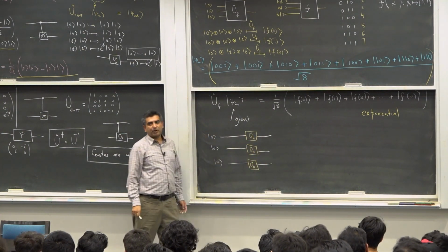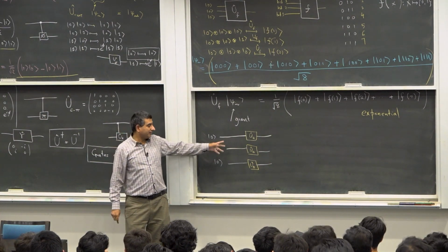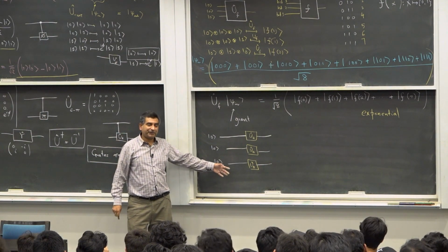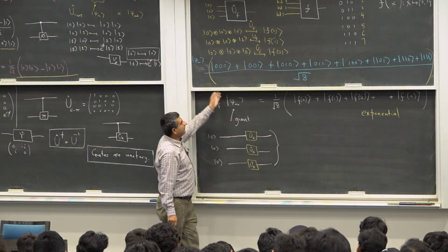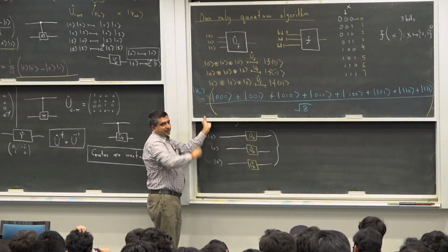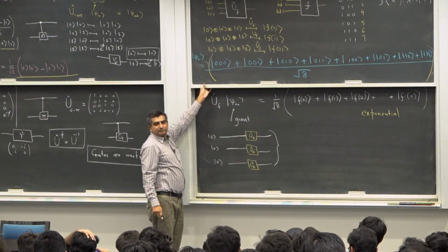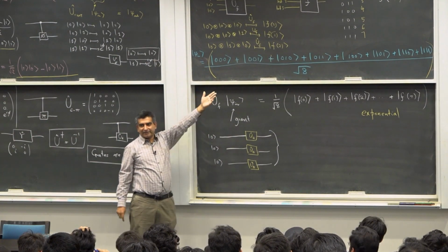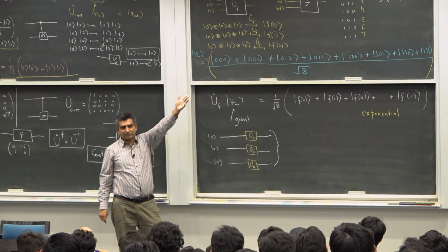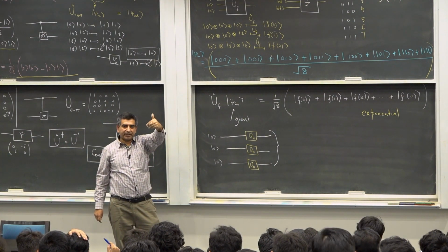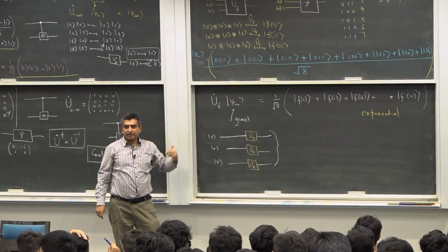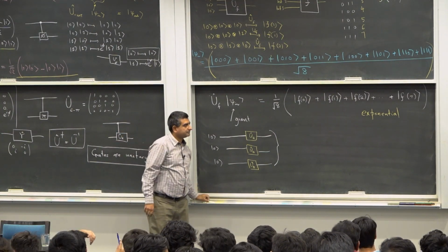This is your homework problem perhaps. You can kind of see that the overall output from this is going to be this particular state. So you can create this giant superposition.